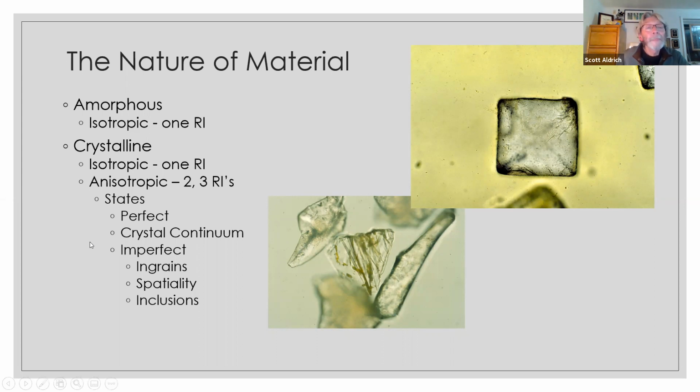It can also be imperfect with ingrains. It can be spatially organized, in other words, everything's at the center or everything's at the outside. And it can also have inclusions. The photo next to that shows rutilated quartz, where the quartz solids in the northwest part and the southeast part just look like fuzzy solids, but they don't have anything on the inside.